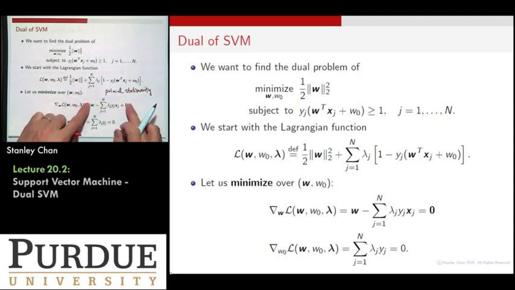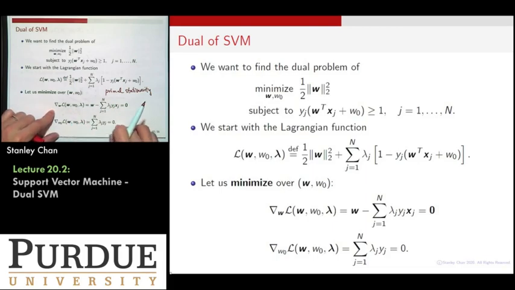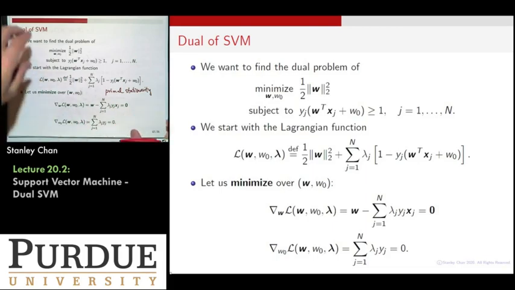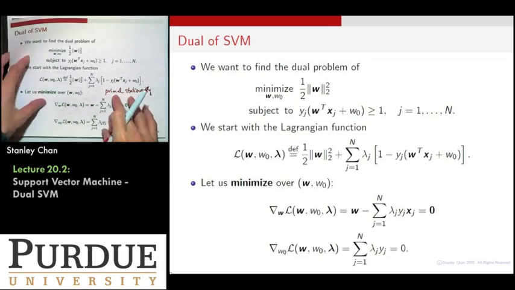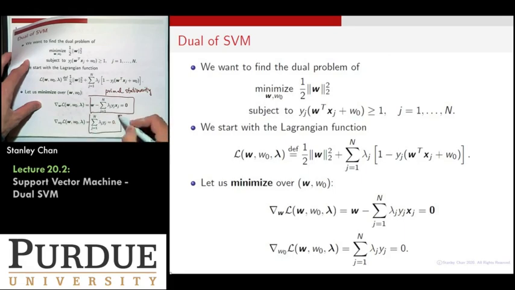So this is the gradient of the Lagrangian with respect to W. Similarly, you can get the gradient with respect to W0, and you get this equation. Now I have applied the primal stationarity to my problem, and I got a pair of equations, equation 1 and equation 2.